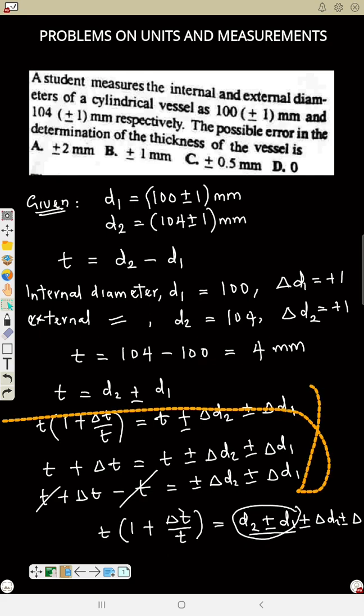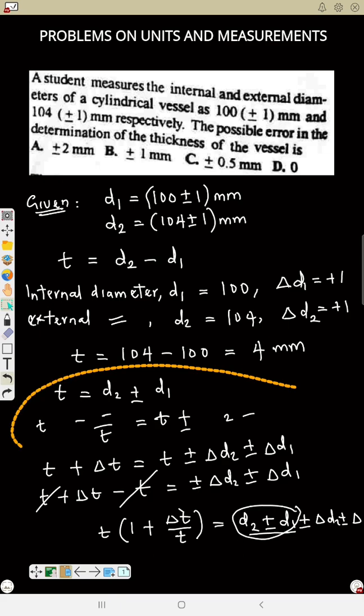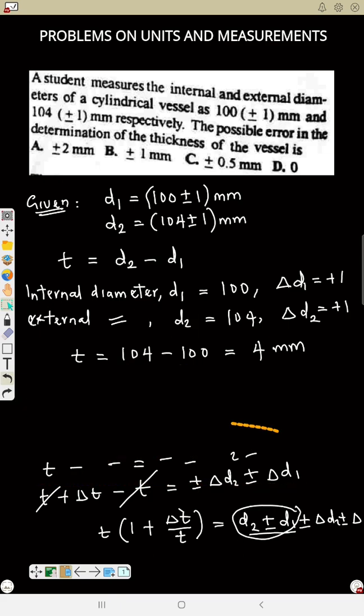So finally, we have the t, that is delta t, is equals to plus or minus delta d2 plus or minus delta d1.